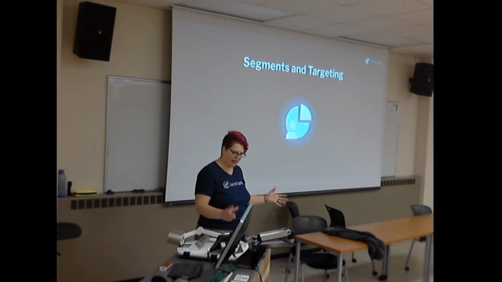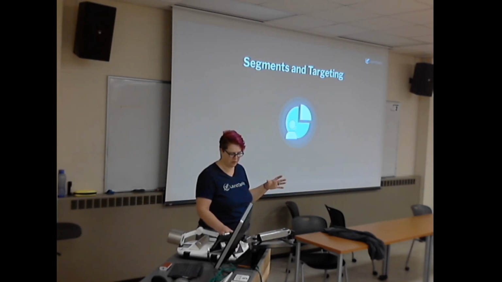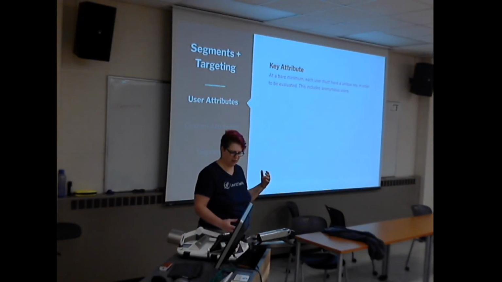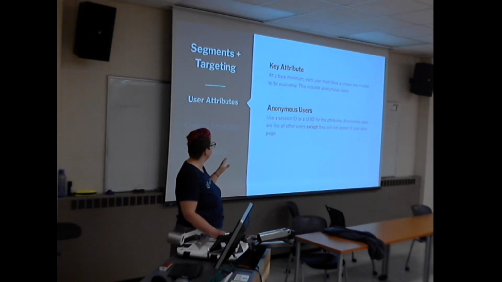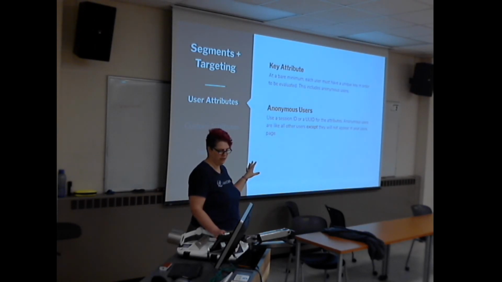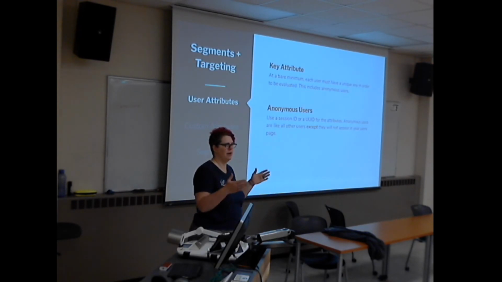So once you have a grasp on what you want the flag to do, then you're going to figure out who you want to send it to. So you have to have a unique key. Even for anonymous users, you need a session ID or a UUID. And depending on how often you cycle those and how you generate those, if you're doing a percentage-based rollout, we try really hard to consistently deliver.